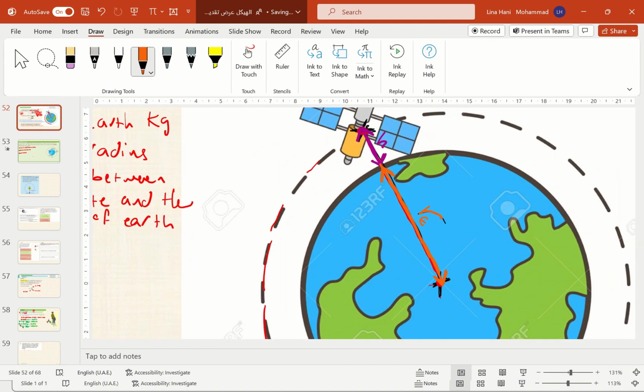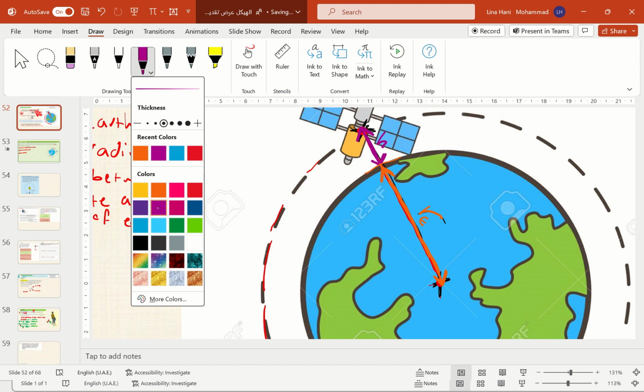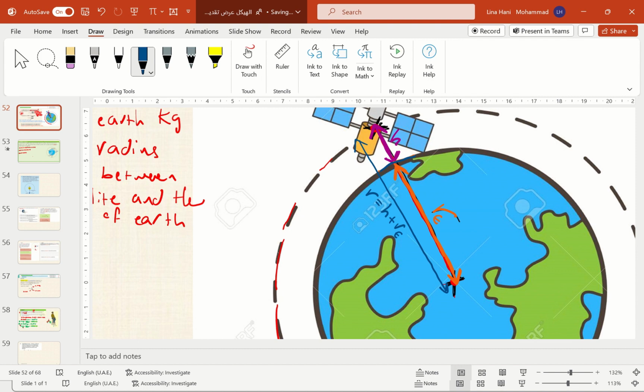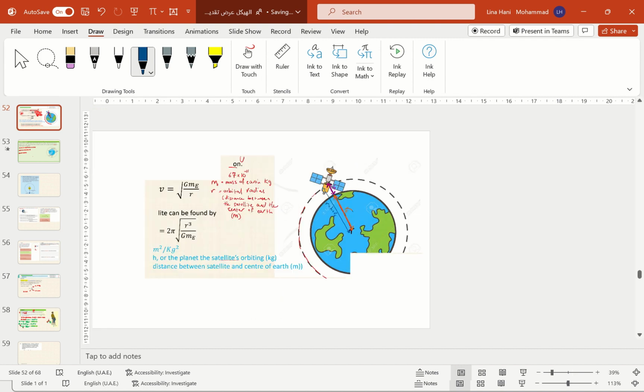If they gave me the height of the satellite above the surface of Earth and the radius of Earth, then you can find the orbital radius by adding them together. If you add the height of the satellite above the surface of Earth and the radius of Earth, you will get the orbital radius R. So R equals H plus RE, where H is the height of the satellite above the surface of Earth, and RE is the radius of planet Earth.